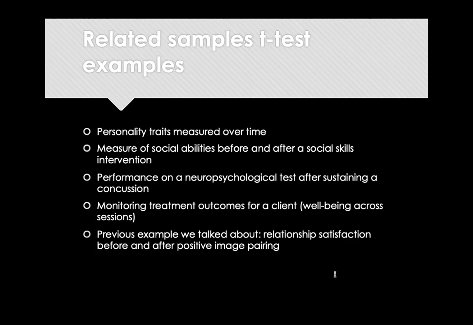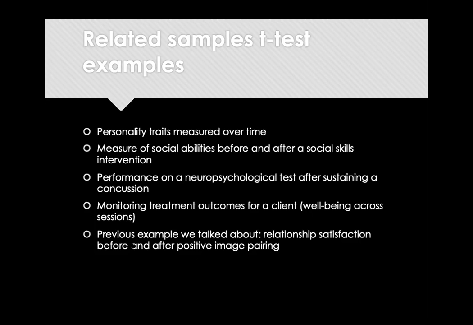So correlation is different from all of these examples in that we are going to examine a relationship among two variables, not a change over time or before and after a treatment. And it's important, again, to recognize that correlation does not involve experimental manipulation.